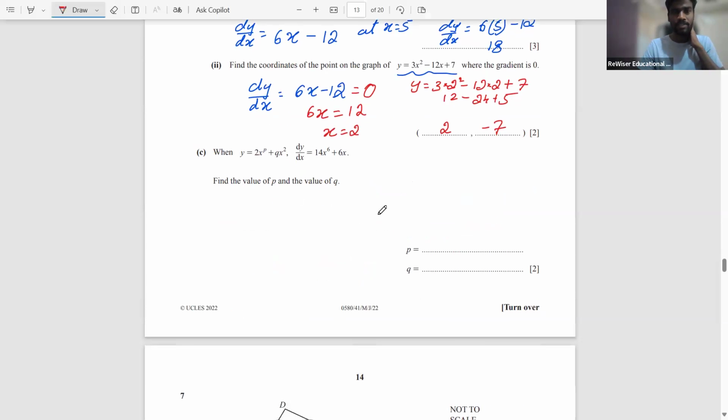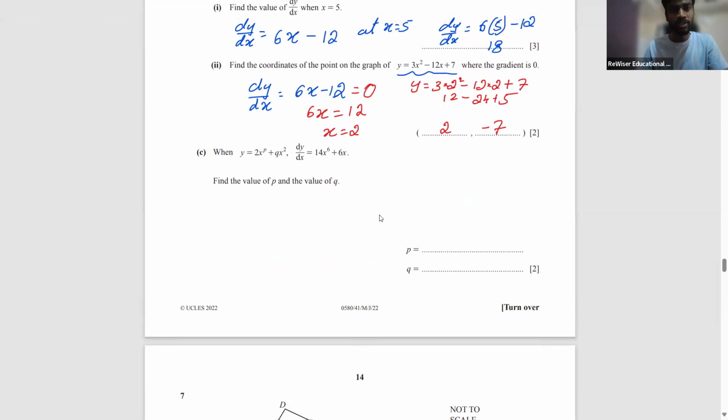Next, for part C, we are talking about y equals 2 times x to the power p plus q times x squared, which will give you dy by dx equals 14x to the power 6 plus 6x. So find the value of p and q. When I differentiate this, dy by dx is going to be equal to the derivative of 2 times x to the power p.